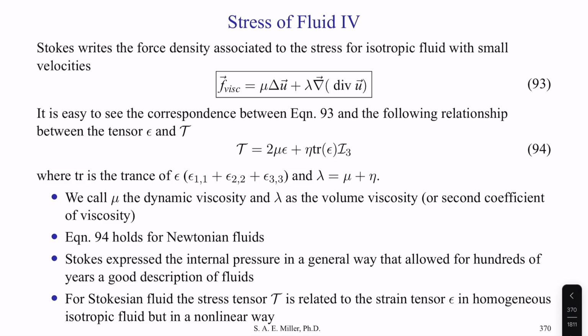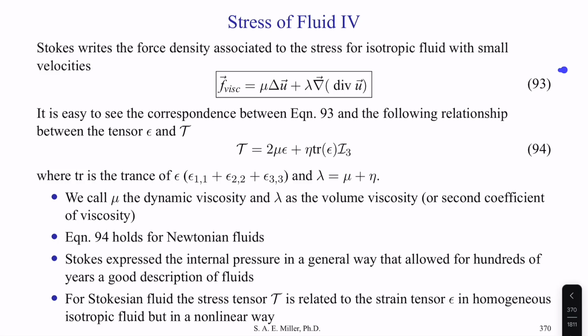It's easy to see the correspondence between this particular equation 93 and the relationship of our stress tensor with epsilon, where the trace of epsilon is given here and lambda is given here, which represents the second coefficient of viscosity. We'll define mu as what we usually call viscosity. It's the first coefficient of viscosity, mu, and lambda will be the second coefficient of viscosity.